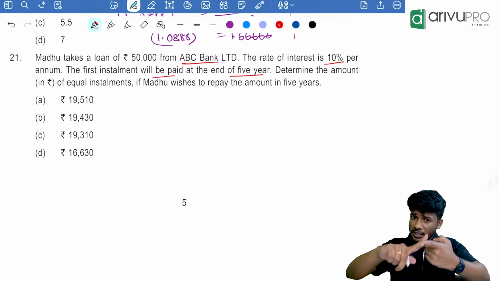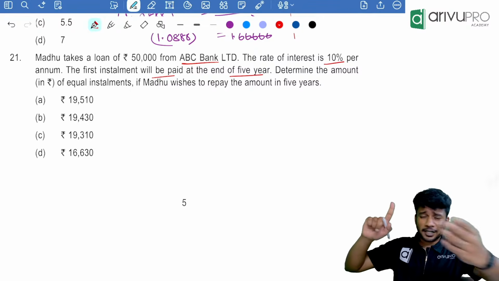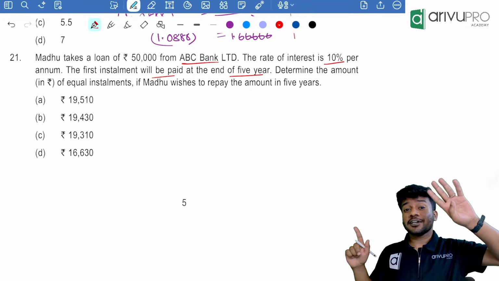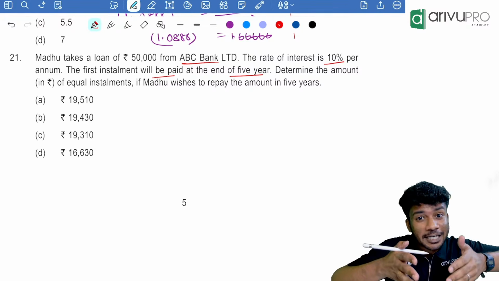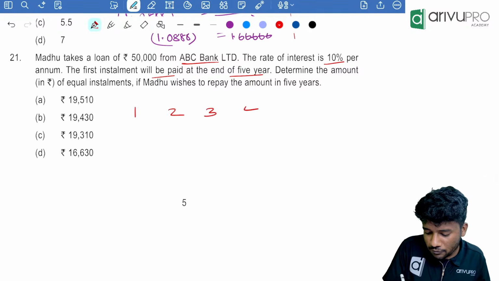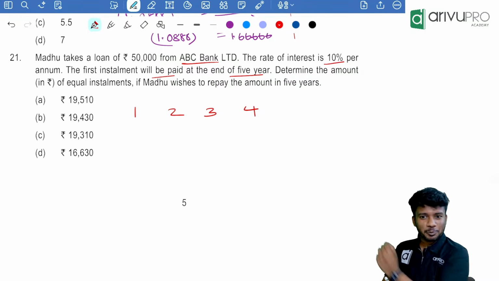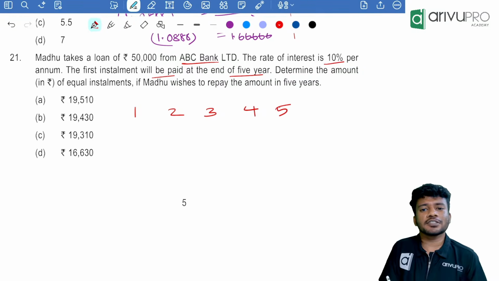That means first year interest I did not pay, second year interest I did not pay, third year interest I did not pay, fourth year interest I did not pay. That means all those interests should accumulate, right? Yes. Now look here, people. First year, second year, third year, fourth year. Till the fourth year I did not pay even a single penny. Then from the fifth year onwards I am going to pay.